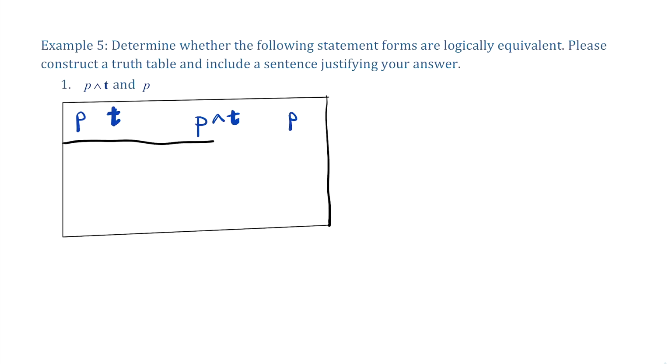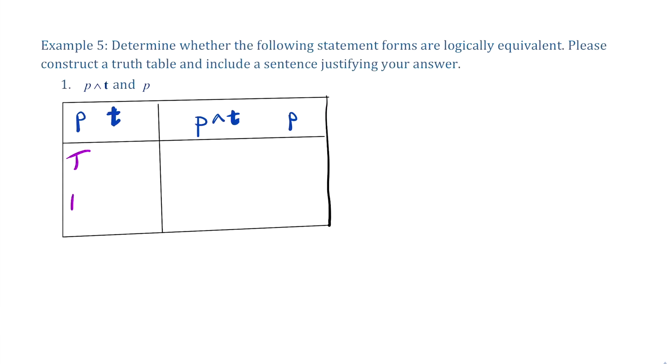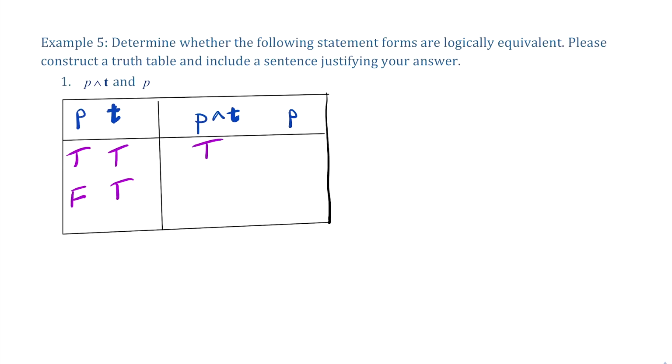All right, so here we go. P can take on the values of true or false. T is always true, no matter what. And remember, when you conjoin two logical variables, what you need to do is have everything be true.